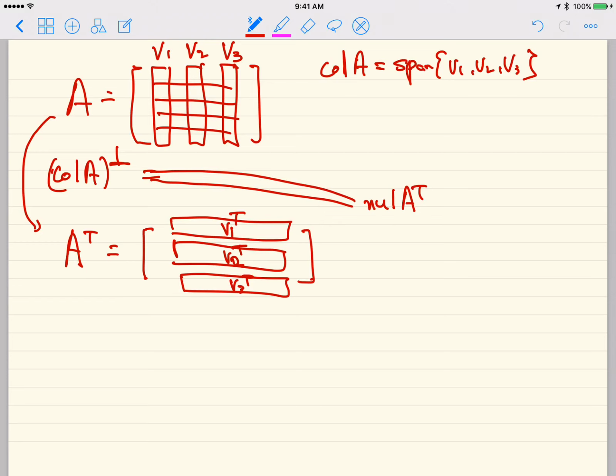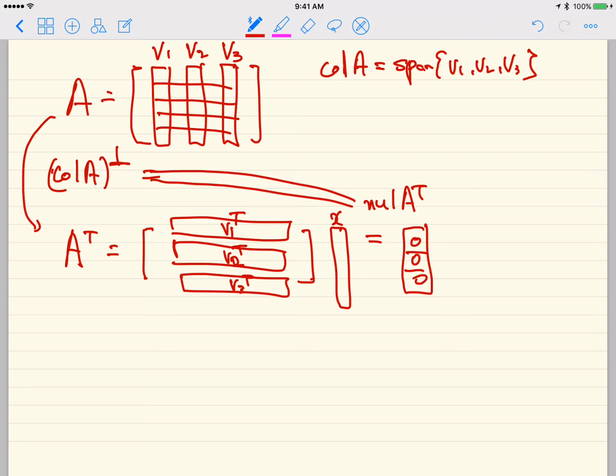And the null space is all the vectors x that satisfy this equals the 0 vector.